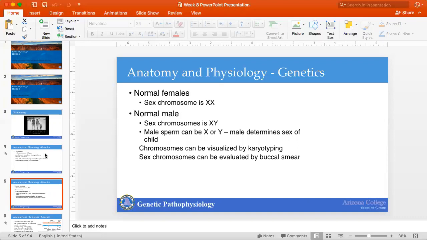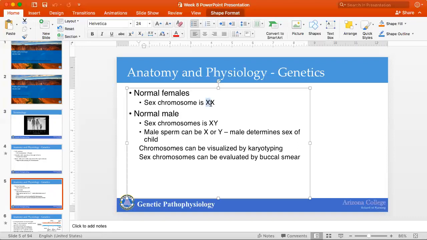An interesting note is that females only donate an X. So every egg that they produce has an X because they are XX, so they can only donate an X. The determining factor of whether someone is born male or female is dependent upon the male sperm, whether it is carrying an X or a Y. Normal sex chromosomes for a male are XY.